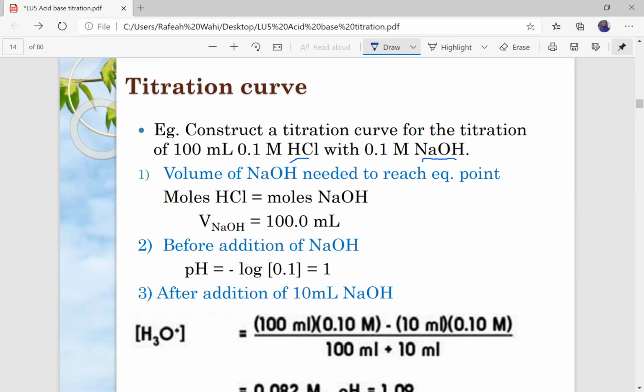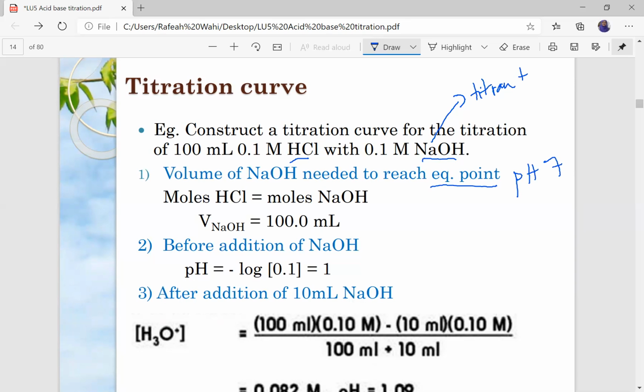First of all, we need to calculate how much volume of titrant. What is our titrant? The titrant is the sodium hydroxide. So what is the volume of titrant needed to reach the equivalence point? Equivalence point here means pH 7.